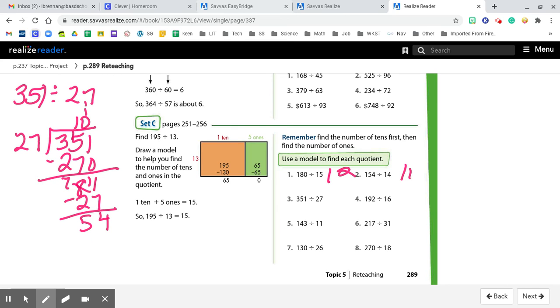Take it out again. And take it out again. So I wind up with 10 and 3 little guys. So that's 13 is my answer for that one.